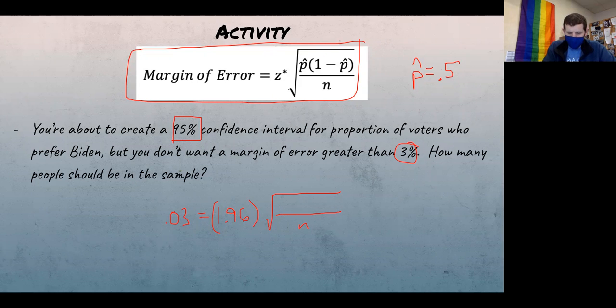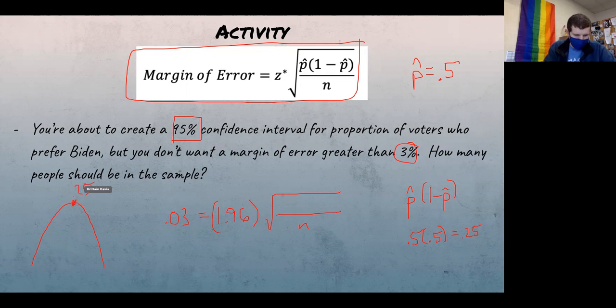Remember that we are going to multiply p-hat times 1 minus p-hat. This is actually a quadratic, and at 0.5 times 0.5, we're going to get 0.25. That's the highest value we get, 0.25.